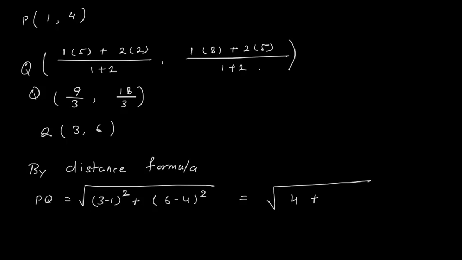So 4 plus 4 is root 8, and root 8 is 2 root 2. This I will say is equation 1. This is PQ, and in the same way we will find the length BC.